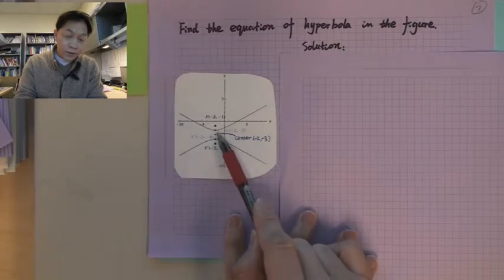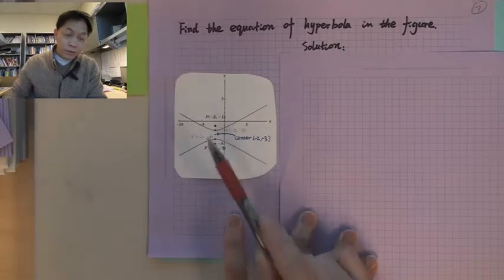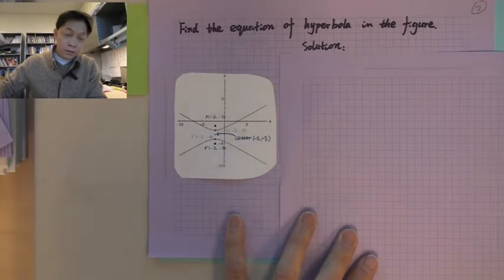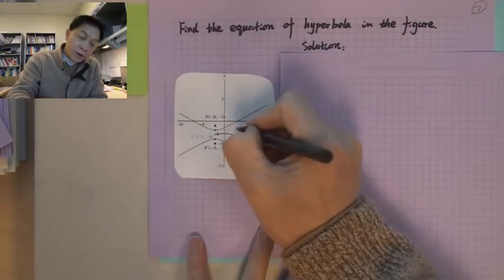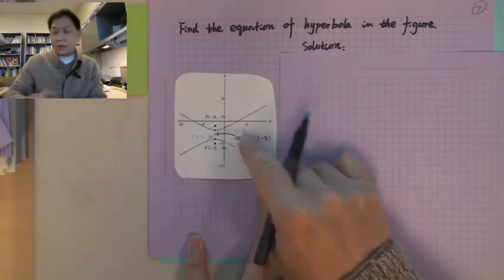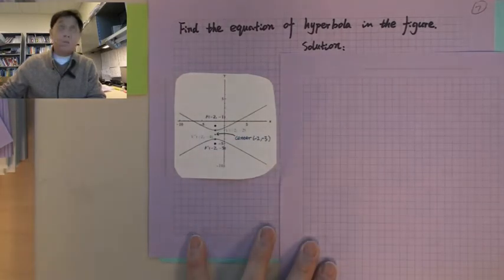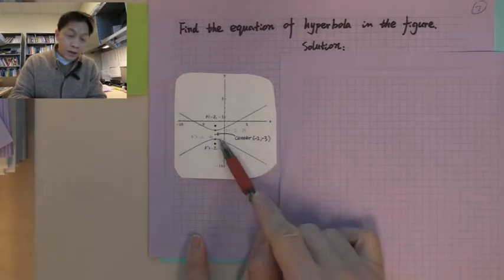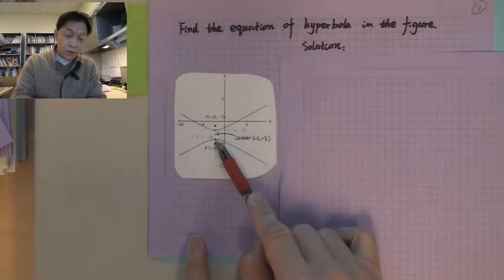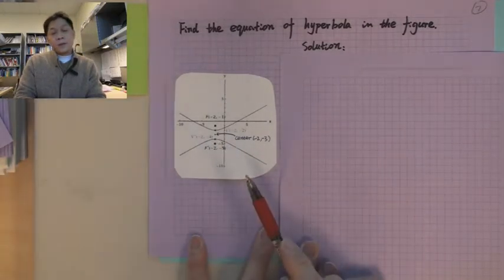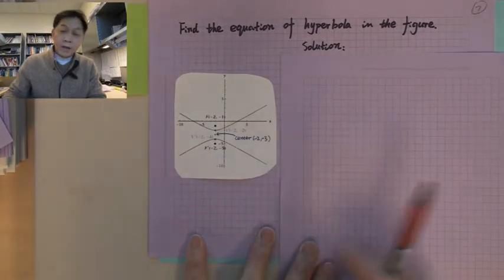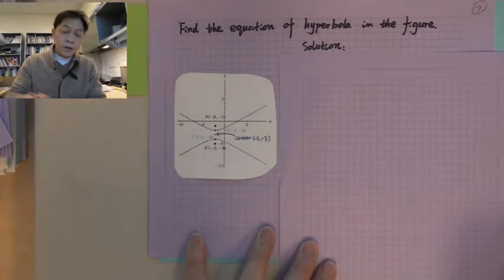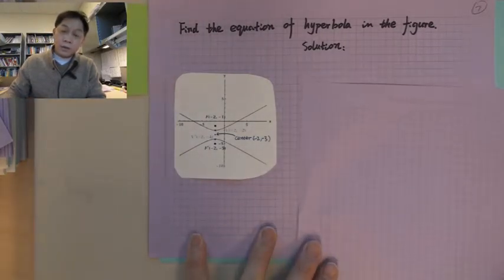Here is (-2, -2), you probably can see that. (-2, -2). And here down is (-2, -4) for this point. So you locate the center. That's important.